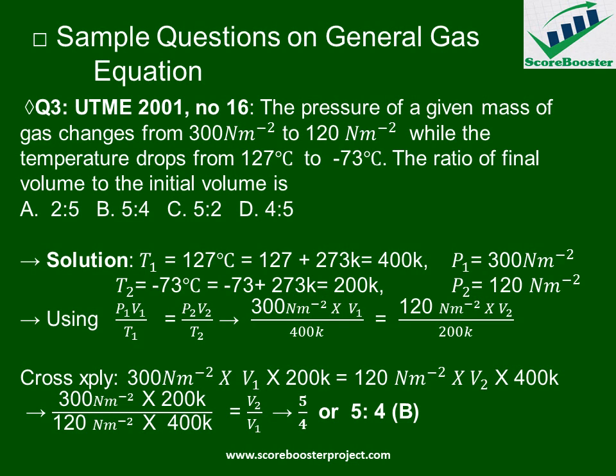And that will lead us to V2 over V1, which will be equal to 300 Newton per meter square times 200 Kelvin over 120 Newton per meter square times 400 Kelvin, making the ratio of our V2 to V1 to be 5/4, making our answer 5/4, which is option B.